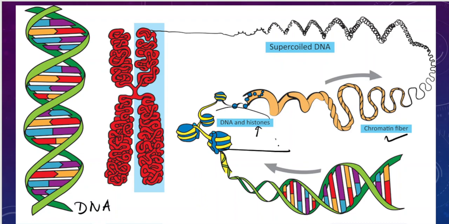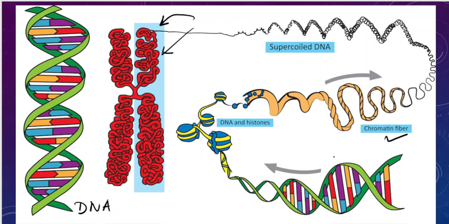See, don't go into the details. I'm just showing you what a chromosome is. So this is the image of a chromosome, and this chromosome is present in the nucleus, a highly packed structure.